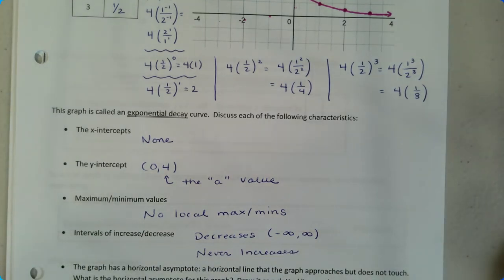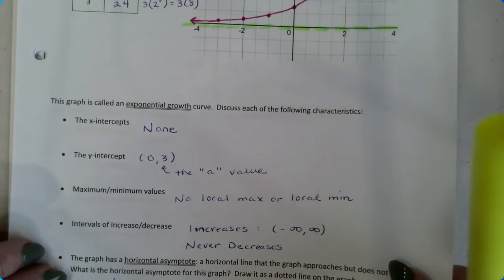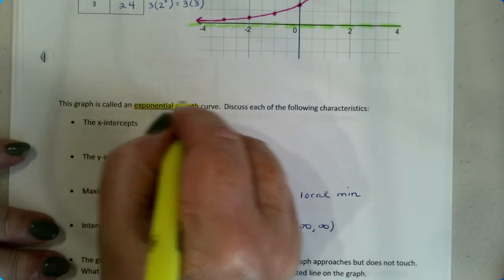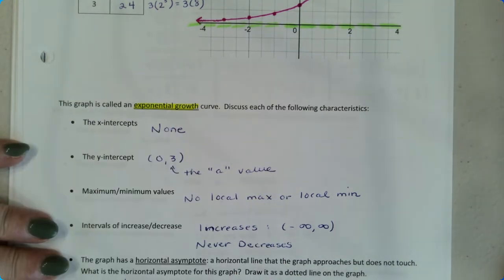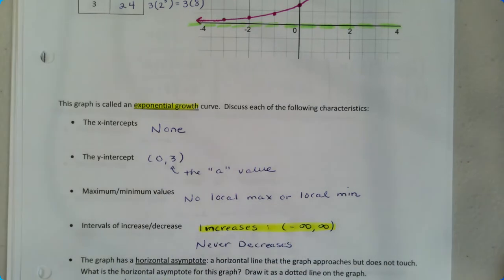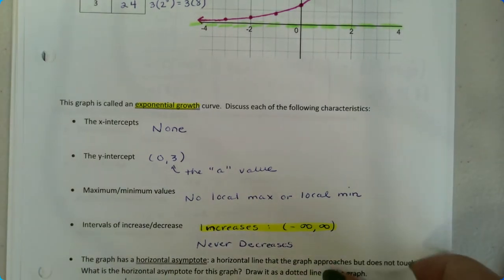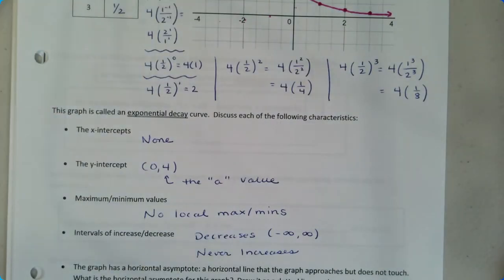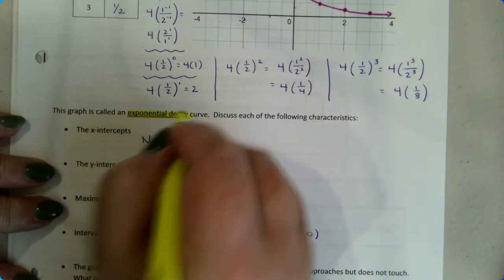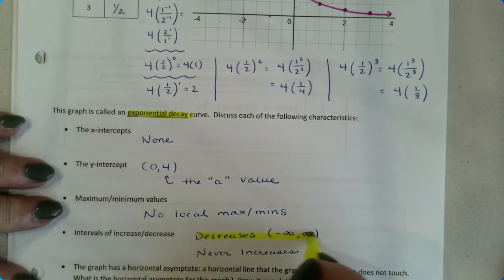Before I talk about end behavior and the horizontal asymptote, now that I've kind of gotten that far, I want to go back again to the vocabulary. This we said was an exponential growth curve. And again, that idea of growth is really tied to the fact that it's always increasing. It's always growing. This one that we said was an exponential decay curve is tied to the fact that it's always decreasing.